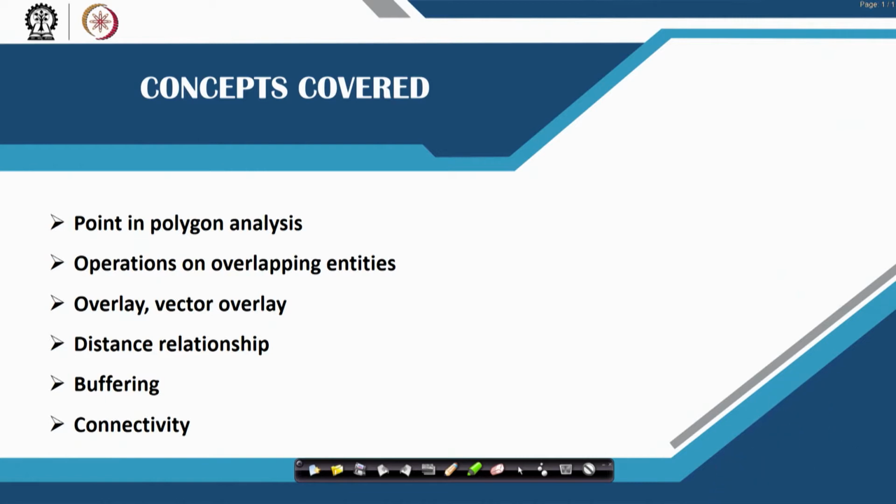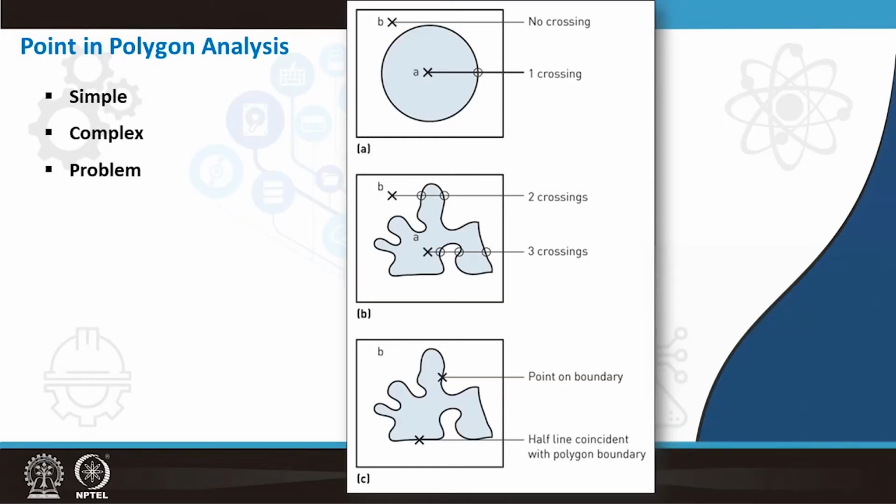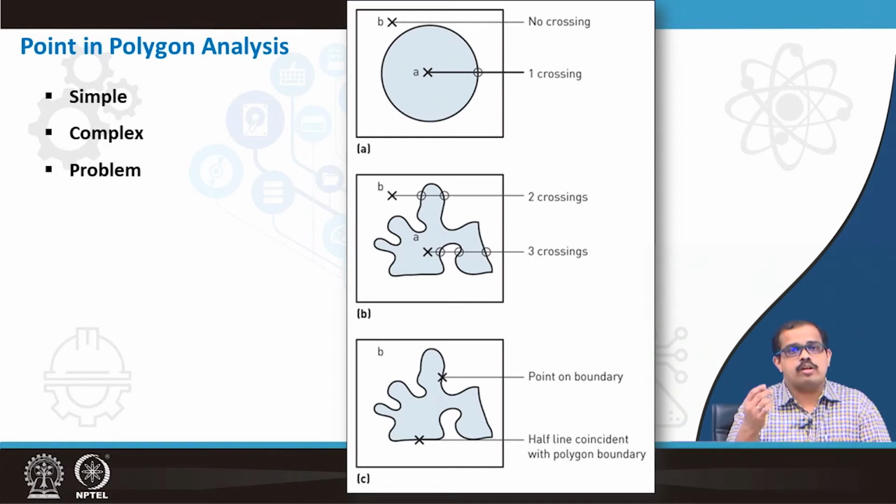Now, when we are looking at point in polygon analysis, there is one problem here. If you have a circular polygon and 2 points, but only one point is actually crossing the polygon, this will be highlighted as a simple case of point in polygon analysis, indicating a specific property of that polygon, which may be a qualitative or a quantitative issue.